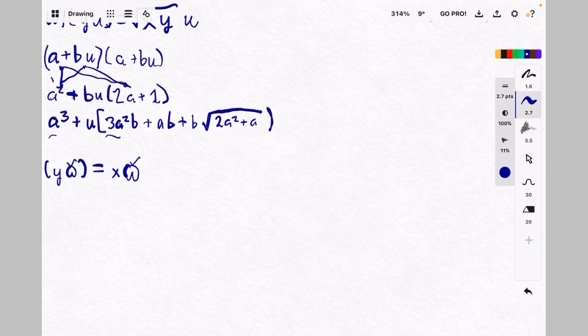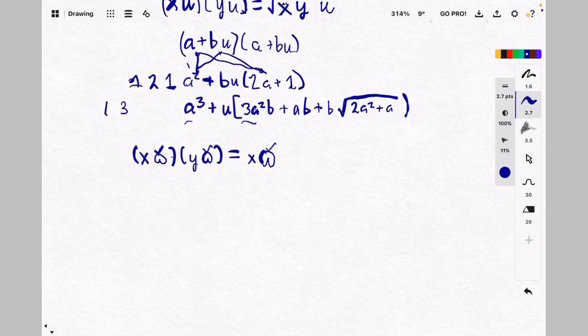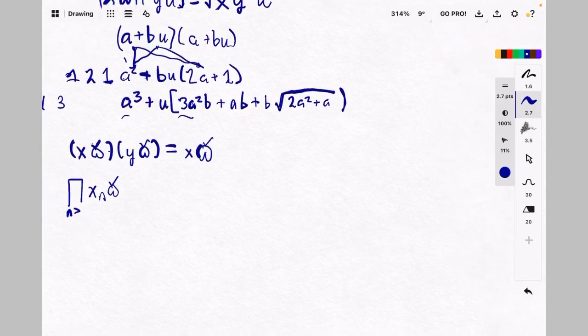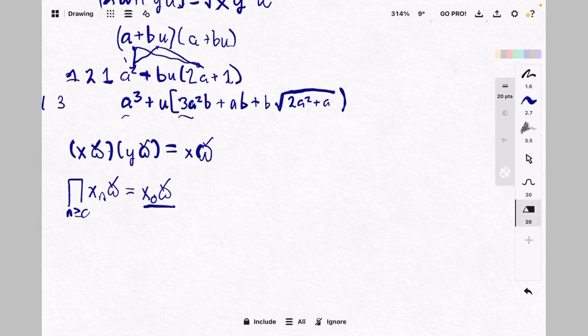Oh, probably because it got half unscrewed somehow. So, x d y d equals xd. Or in other words, the product of multiple xd's is always going to be the first xd. It's always going to be the first of the sequence of the product.